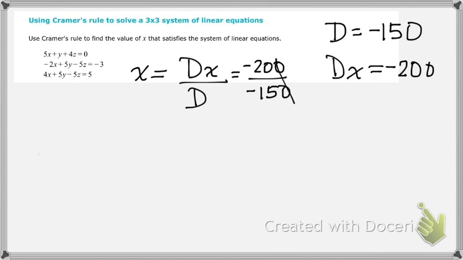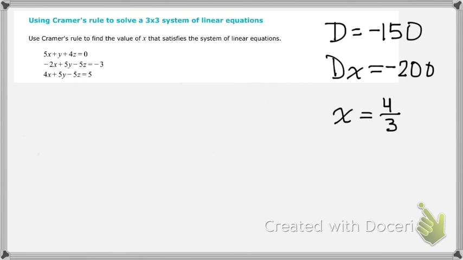And we could do a bunch of simplifying here. And then 5 goes into that 3 times, into that 4 times. So it looks like X is equal to 4 over 3. How about that? Well, one thing we could do is we could use another method and check it, right? Maybe we'll hold off and maybe look at that.